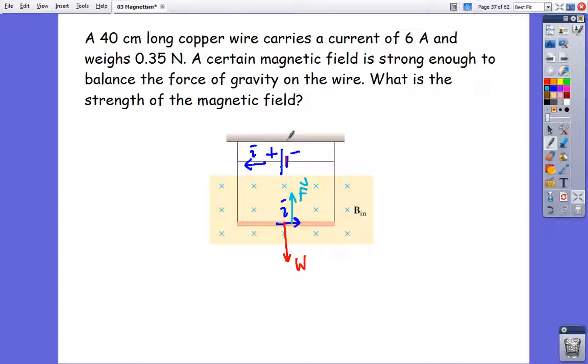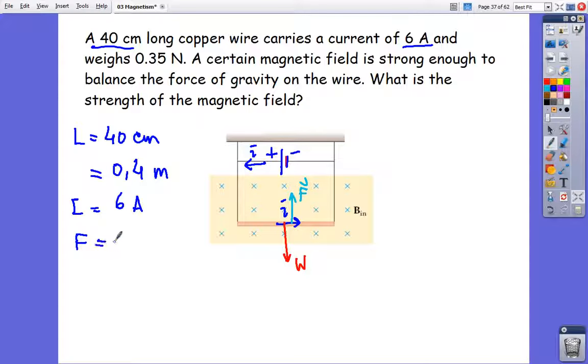Okay, let's write down all the variables. L is 40 centimeter or 0.4 meters, current I is 6 ampere, and then F. Not F, it should be weight. Yeah, weight is 0.35 Newton. Now what should we do? Find B.